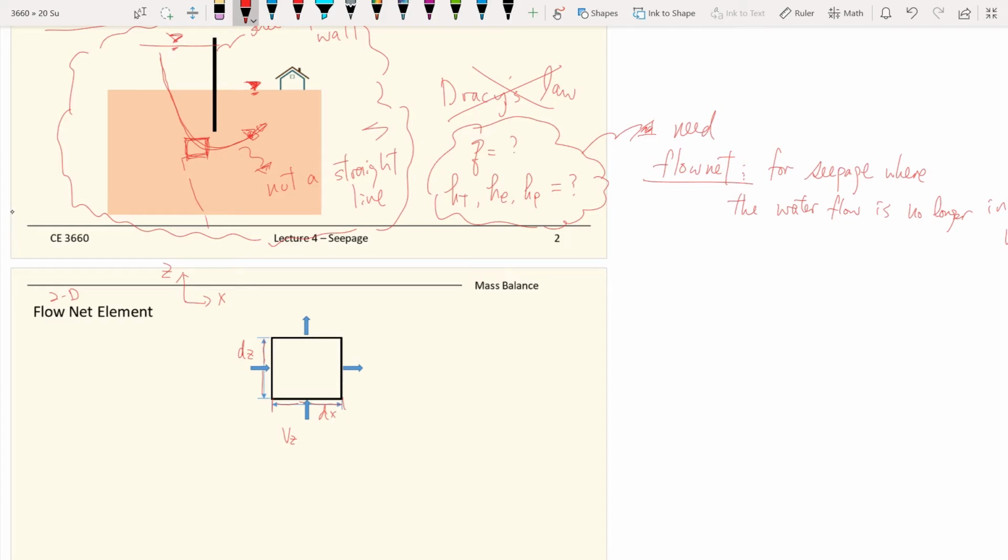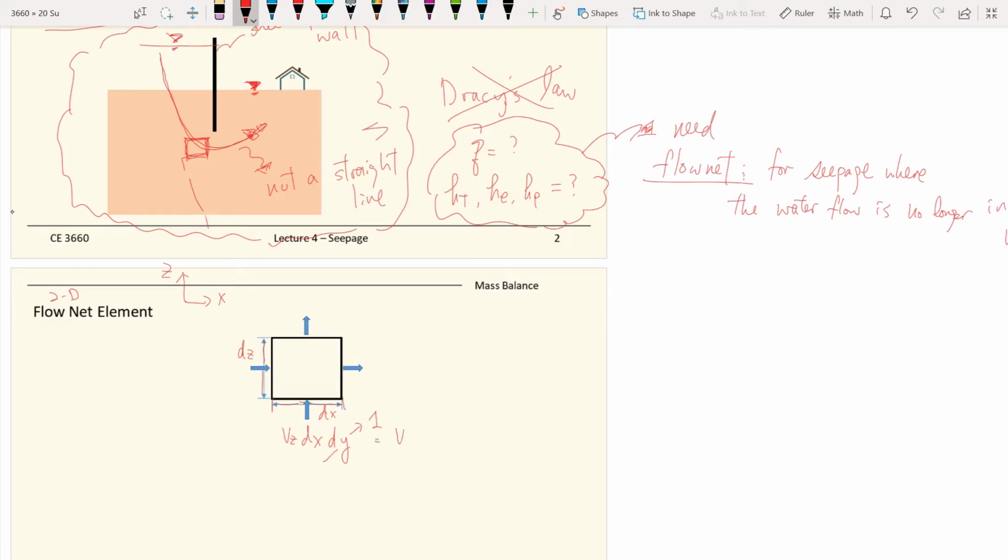It's supposed to be a 3D problem, but we're simplifying to 2D. So the area going through in the vertical direction is the velocity in the z direction times the area, which is dx, right? And also there's a y-axis going into and out of the page. Since this is a 2D problem, it has a unit length of 1.